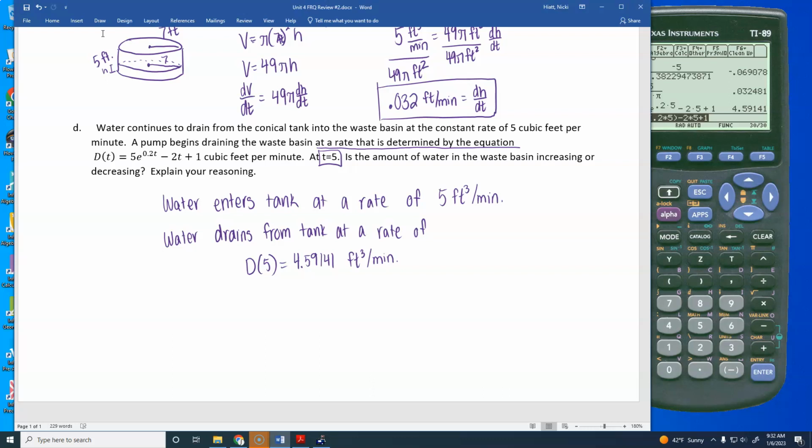So what's our conclusion? Is the amount of water in the waste basin increasing or decreasing?